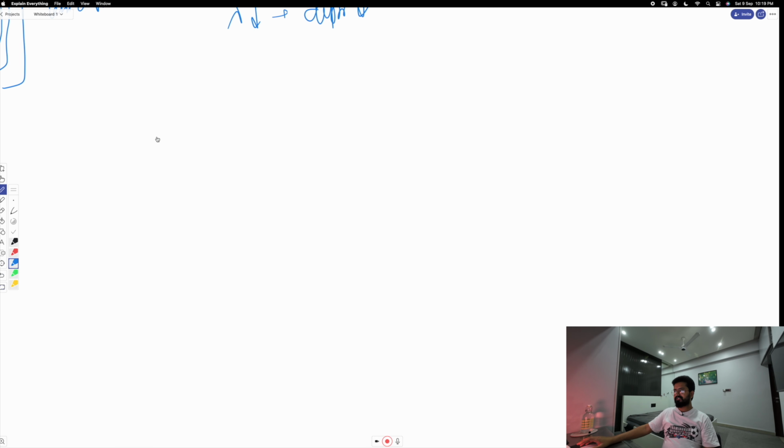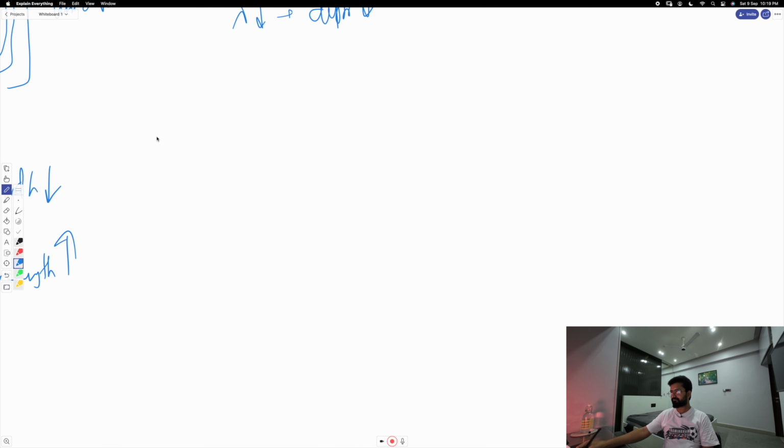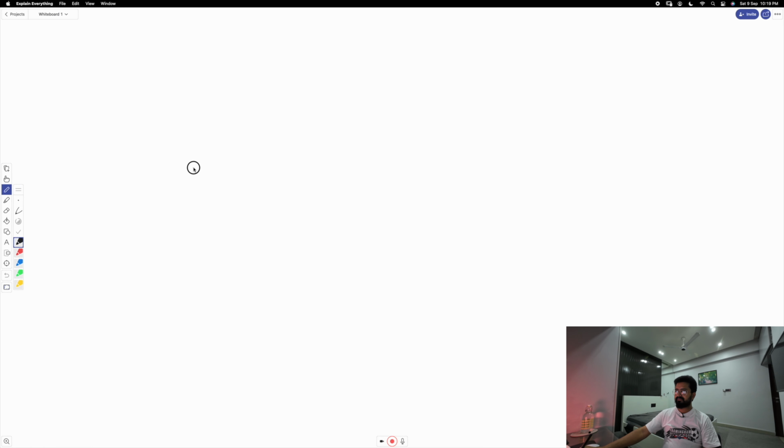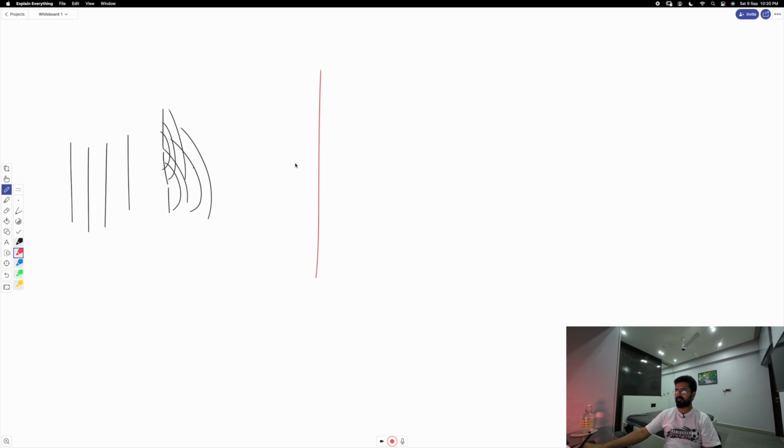Okay, so let me draw it on the board here. I'm taking light. This is my one source of light, like a torch light passing through two narrow slits. The wave is going to diffract like this, and on the screen you're going to have consecutive maxima.